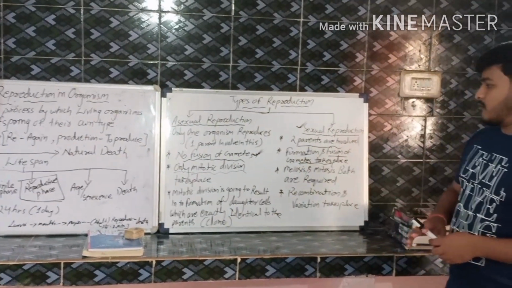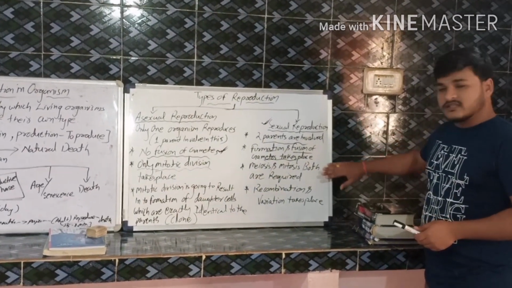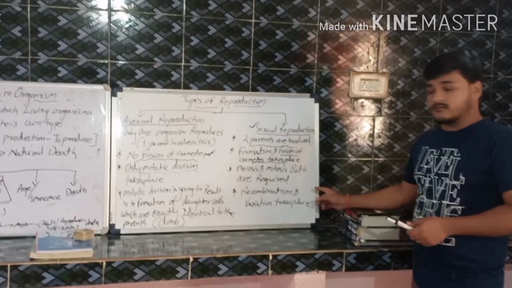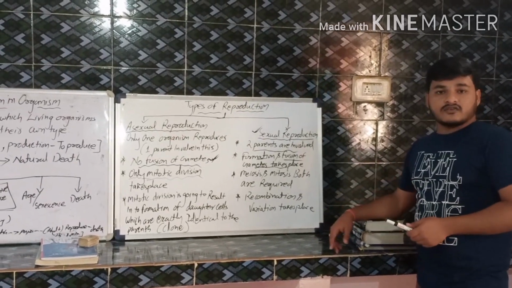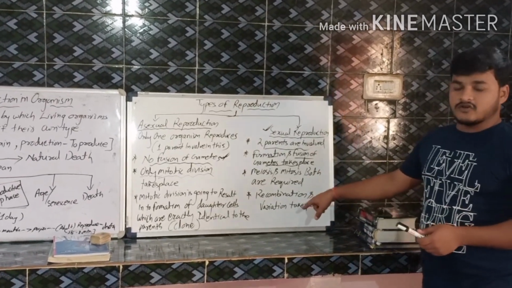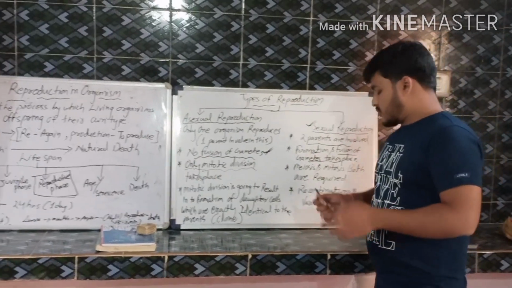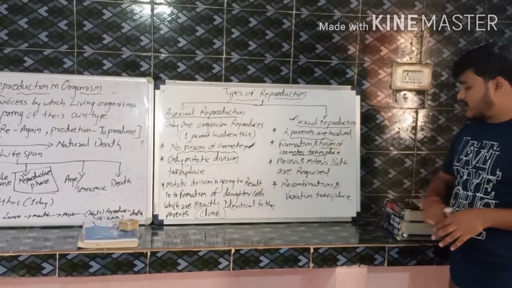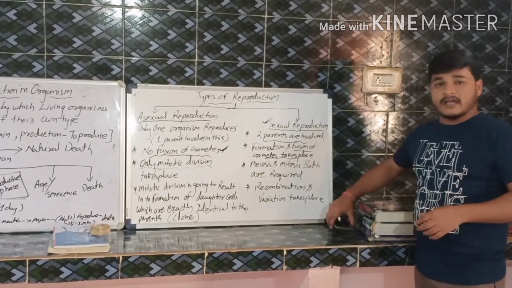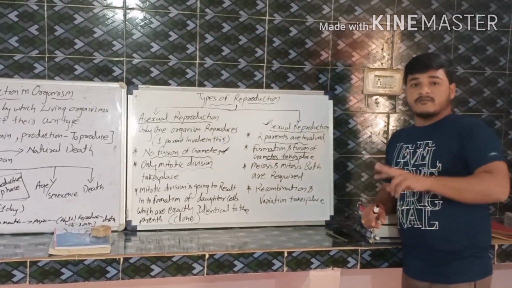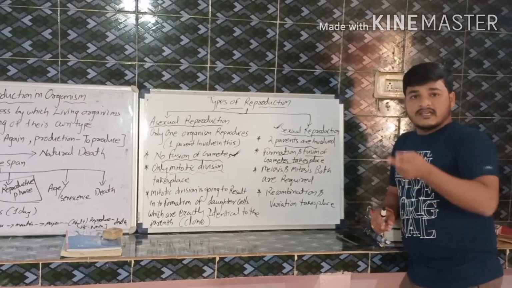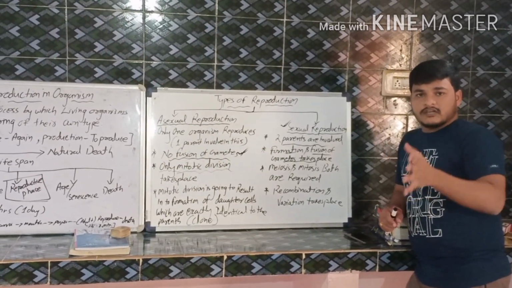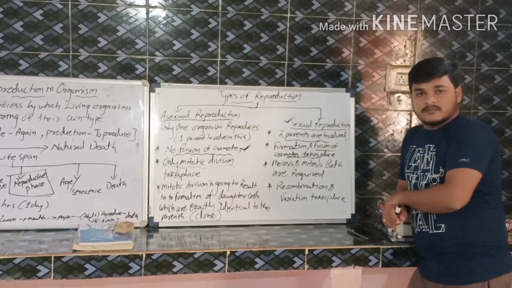But in sexual reproduction, both meiosis and mitosis are included: first meiosis occurs and then mitosis. So recombination and variation take place, meaning genes combine, 23 chromosomes from the male and 23 from the female, forming the recombination of genes.